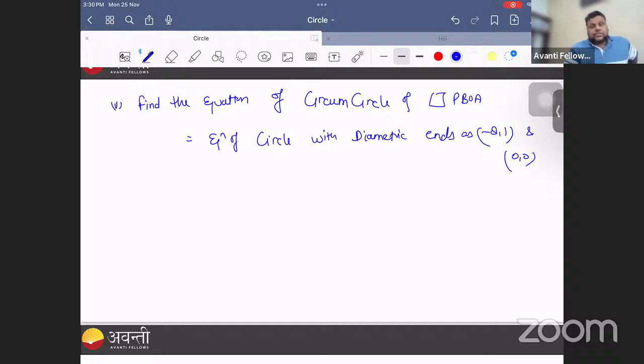Got it? So this was all about chord of contact.